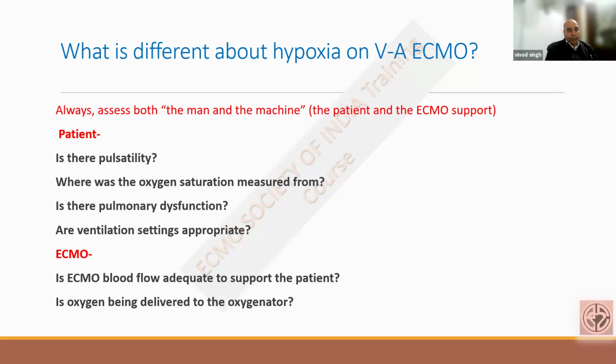Is there any pulmonary dysfunction like ARDS, or are the ventilator settings appropriate? This is the patient-related cause. The ECMO machine-related cause could be whether the ECMO blood flow is adequate for the patient, and whether oxygen is delivered to the oxygenator.